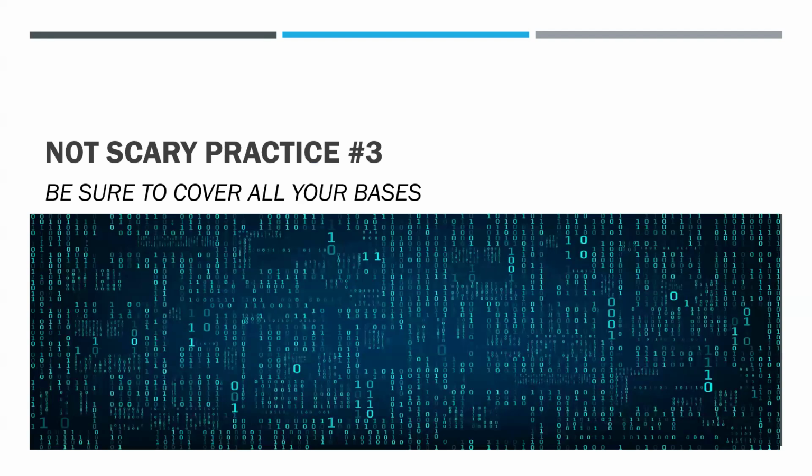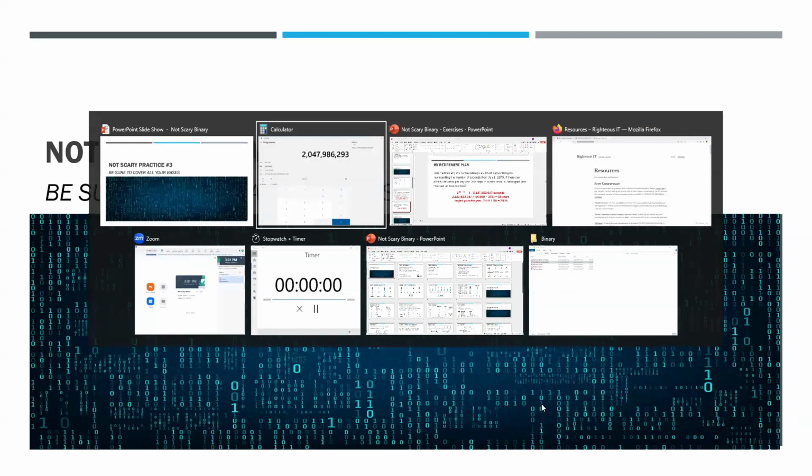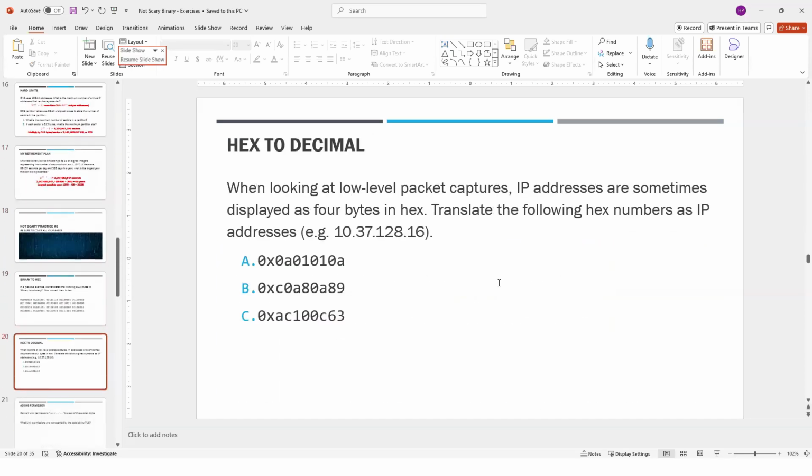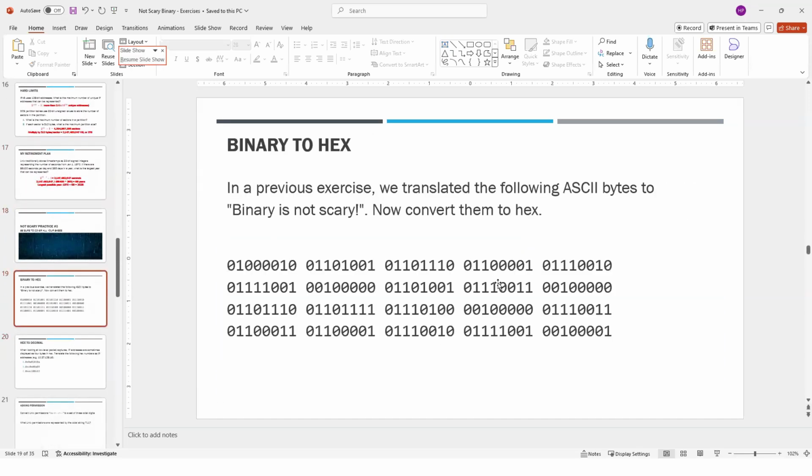Okay, so that was a quick one, because I want you to now practice, you guessed it, converting things from binary to hex and back again, because dealing with hex numbers is definitely something that you're going to be doing a lot in your life. Here's that ASCII encoding of binary, which is not scary, and it takes up a whole lot of space.